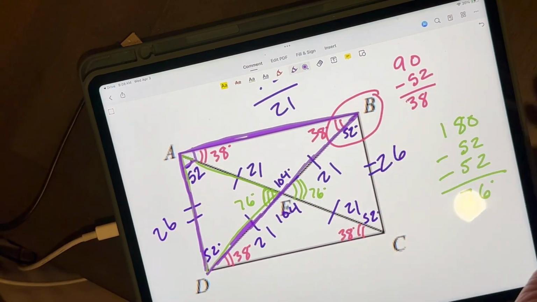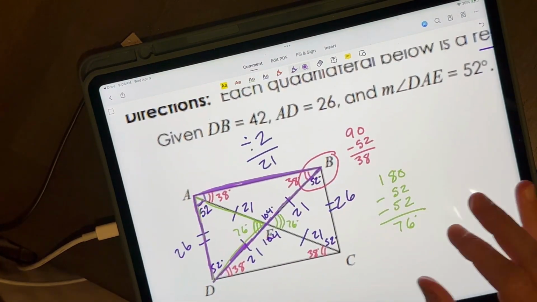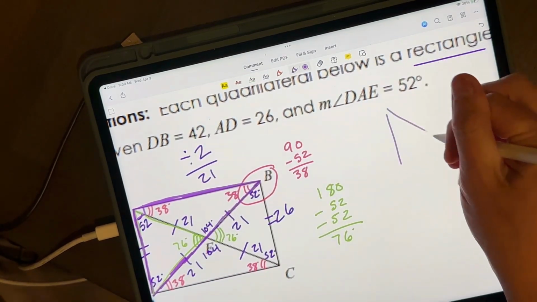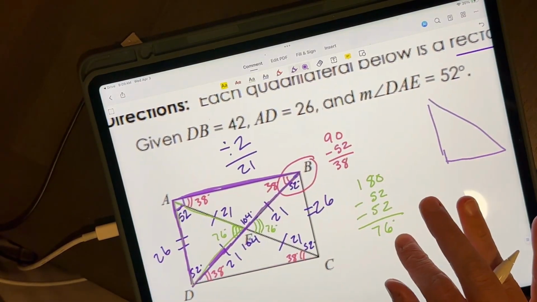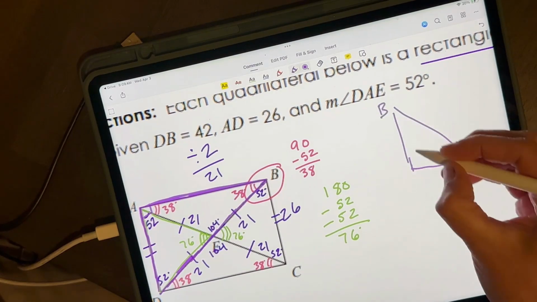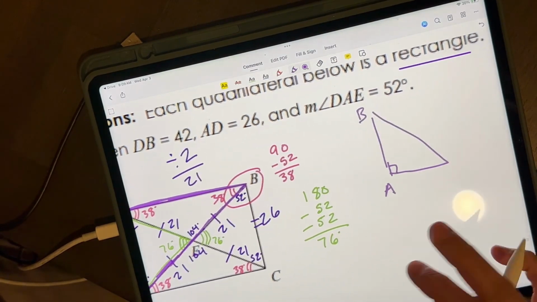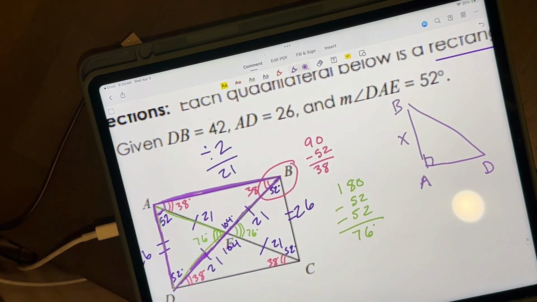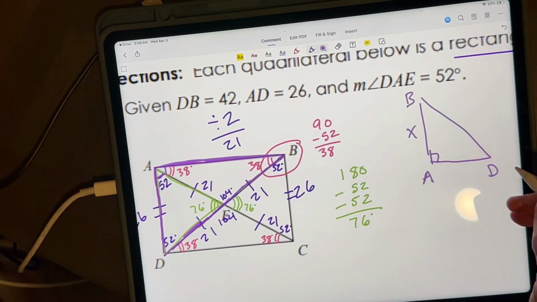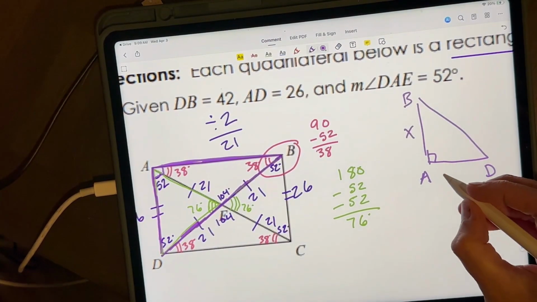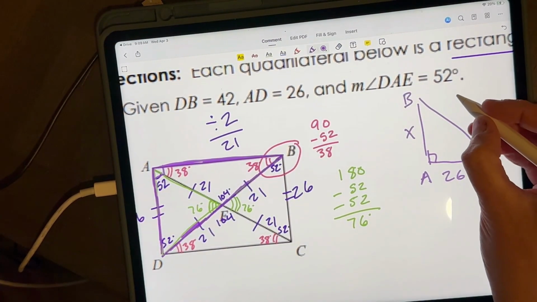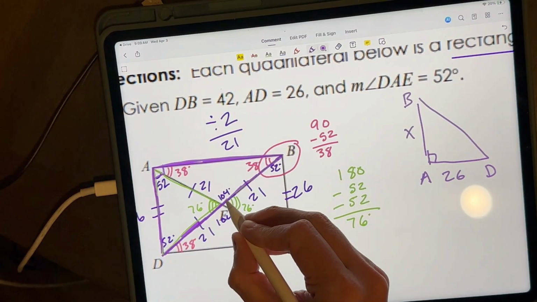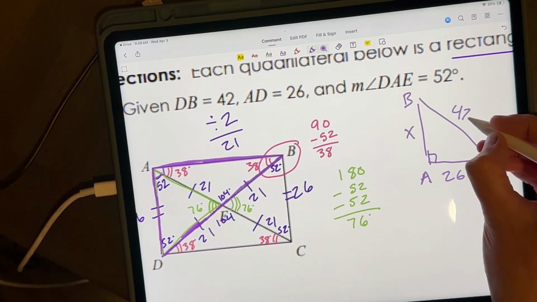Yes, we do. It was 42 for the whole thing. So I'm going to use triangle B, A is my right angle, and D, where we're looking for B to A. We know A to D is 26, and this guy is 21 plus 21, so 42.